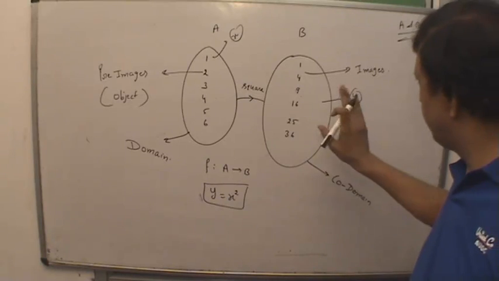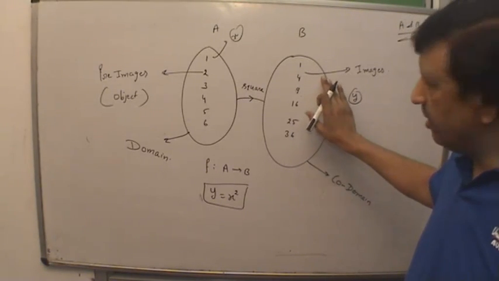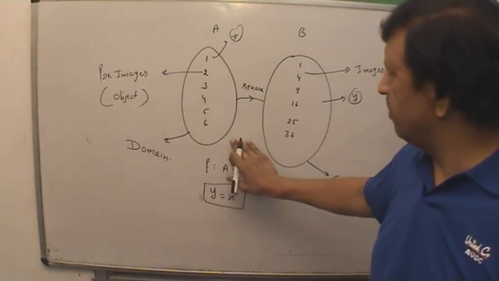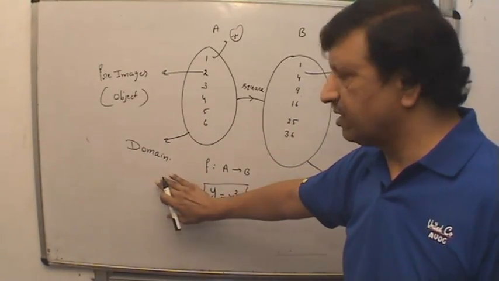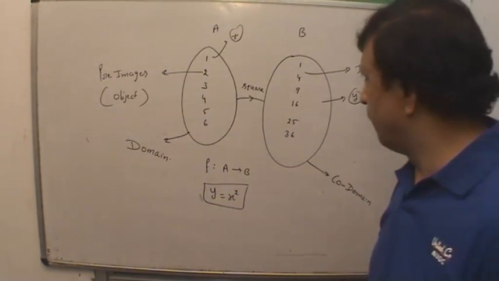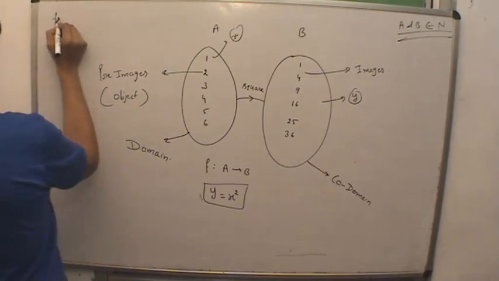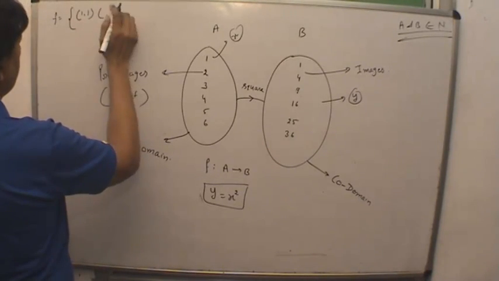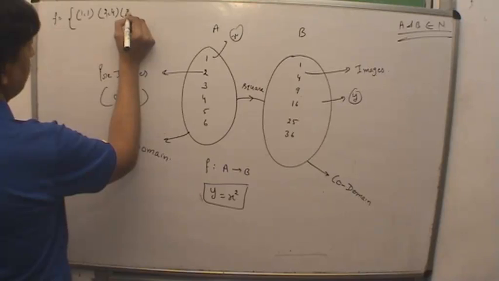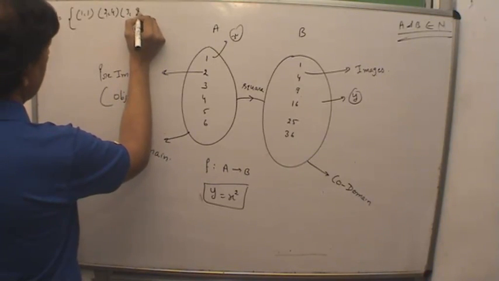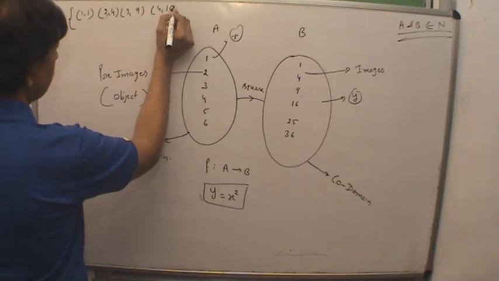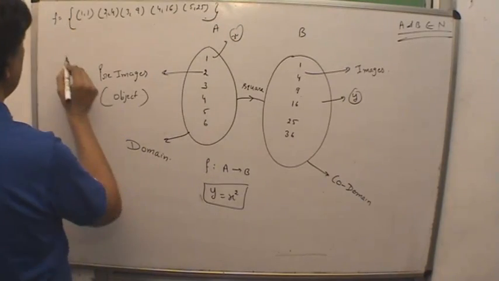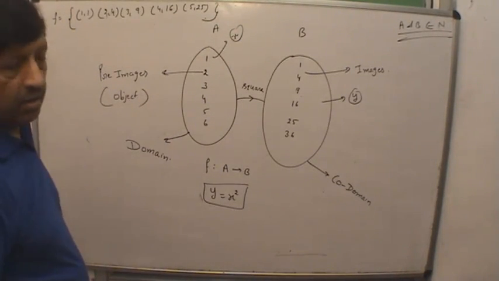Or we can say each image in the codomain is the square of its pre-image in the domain. That is the function. We can write it this way: 1, 1, then 2, 4, 3, 9, 4, 16, 5, 25. It is a function.